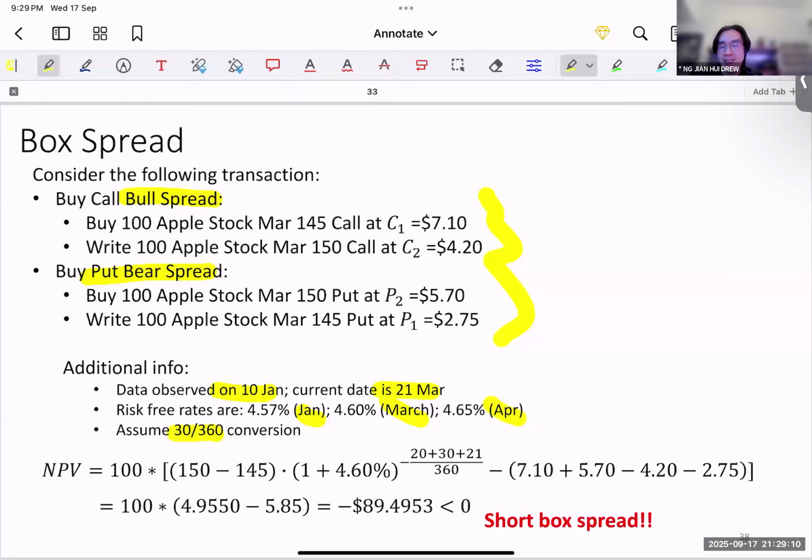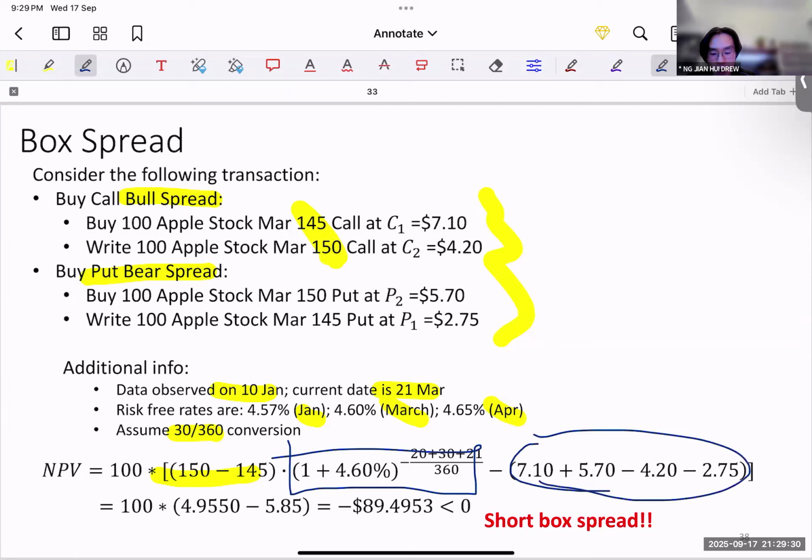What's our profit? Of course, this is present value profit. So we take the difference in strike price. Our difference in strike price is basically 5, right? 50 minus 45. So 5. We discount it back to the present. So this is your discounted value, right? But what's more important is you want to combine this by determining the initial cost.